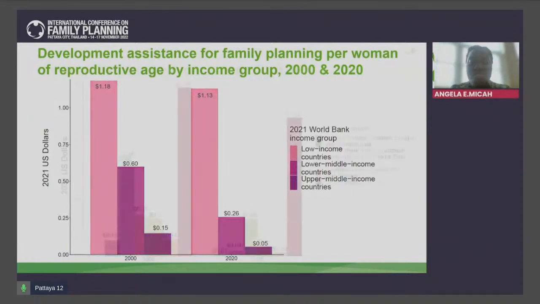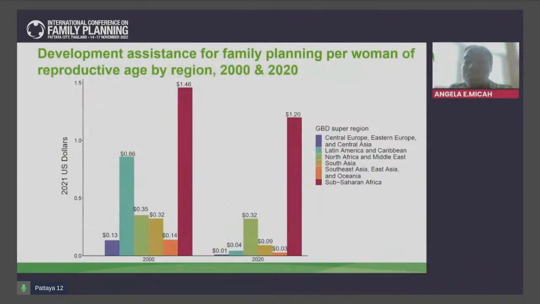In terms of regions, again, we note that in the earlier years, in 2000, relatively more seems to have been contributed per woman of reproductive age compared to 2020, sorry.